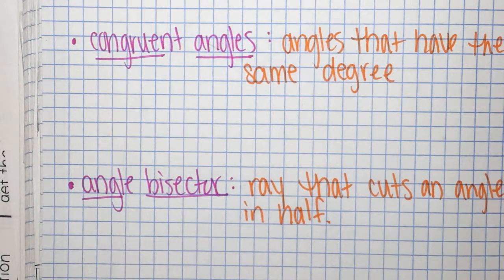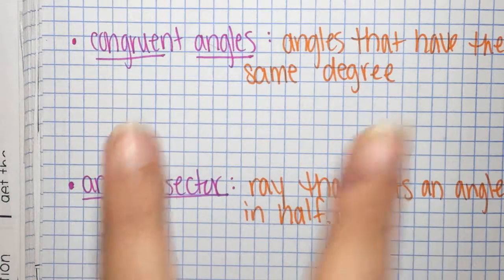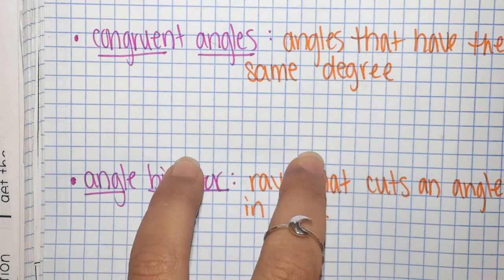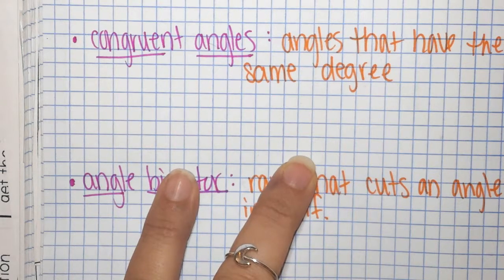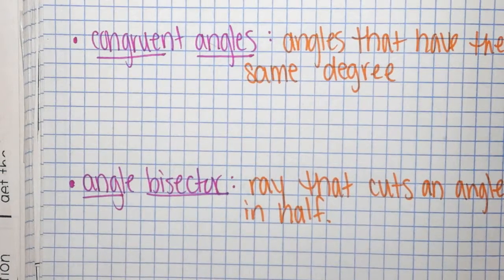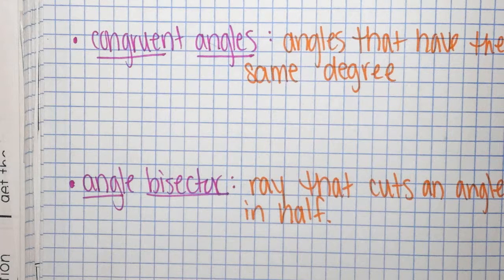Now, for homework tonight, I want you to draw me 2 congruent angles and an angle bisector.